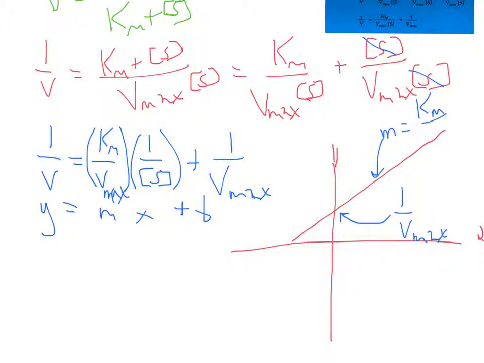Catalytic function is Vmax over Km. I should say catalytic efficiency, not catalytic function. Okay, and if you solved for it, then you would find out that this is negative 1 over Km, right here, for the x-intercept.